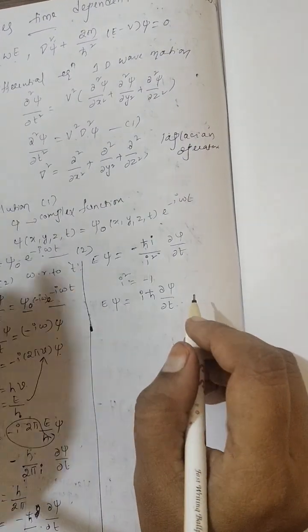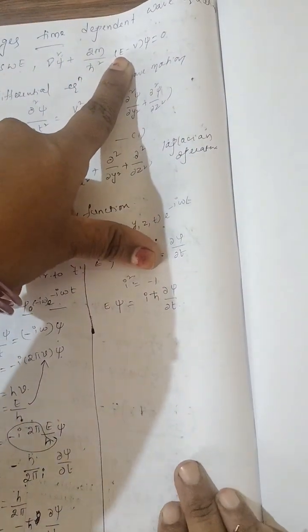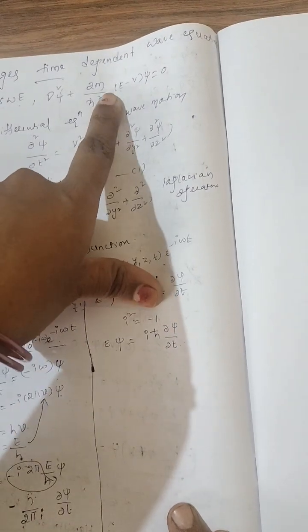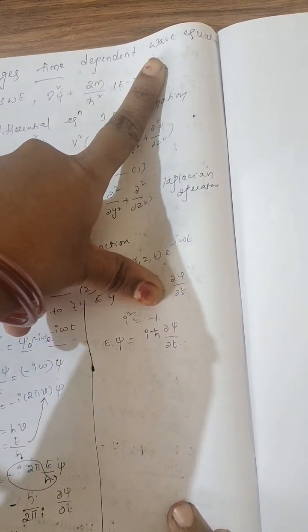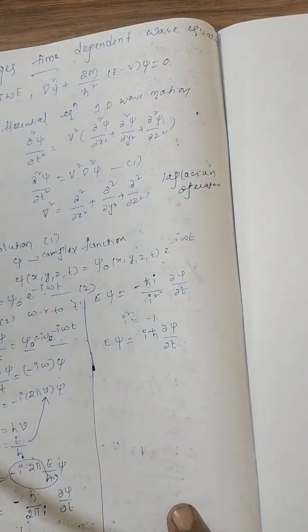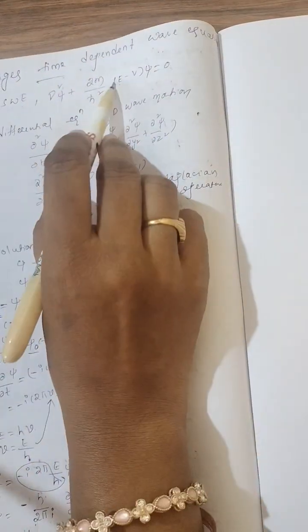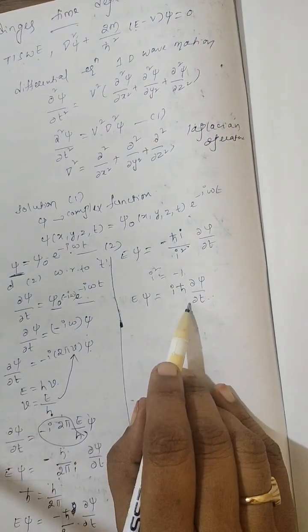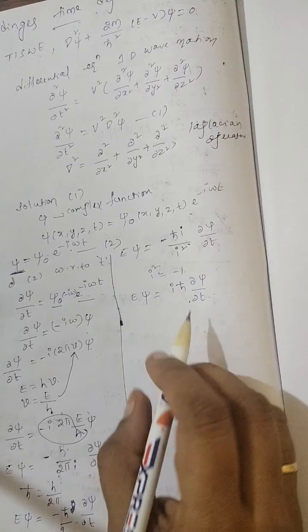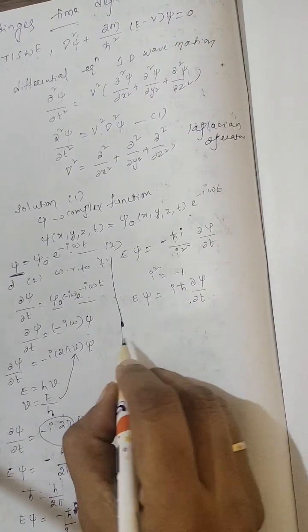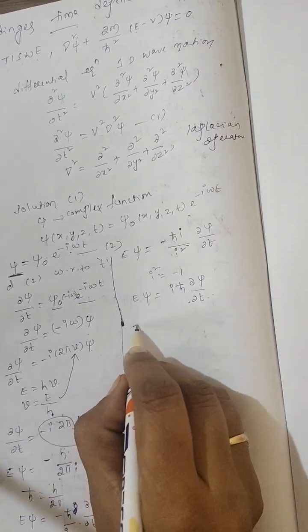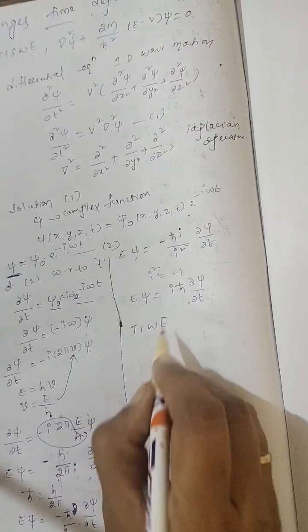Now, what we have to do? We have to remove E from these equations so that we can get time dependent wave equation. Now, in place of E, you substitute this. Okay. So now, what is time independent wave equation?